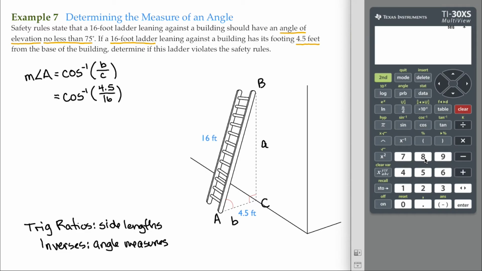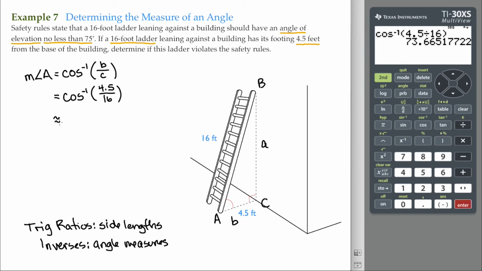So then all I have to do is go to second in order to activate cosine inverse and hit cosine inverse. You can see it come in. Then put in 4.5 divided by 16, and then close off that parentheses.